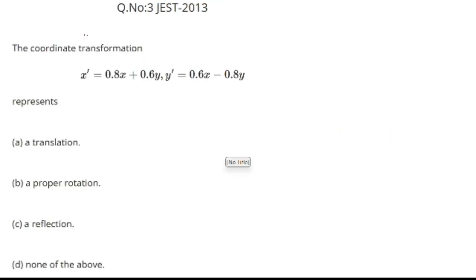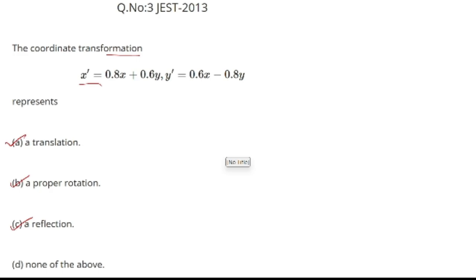So next problem, a coordinate transformation is given. We have to find out whether this transformation is a translation, a proper rotation, a reflection, or not any of them.